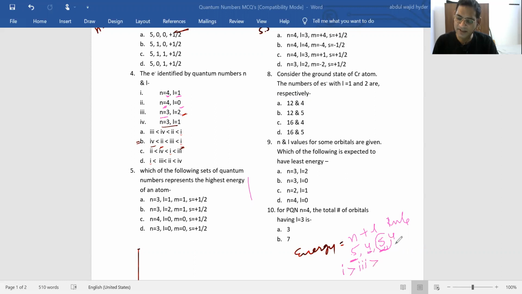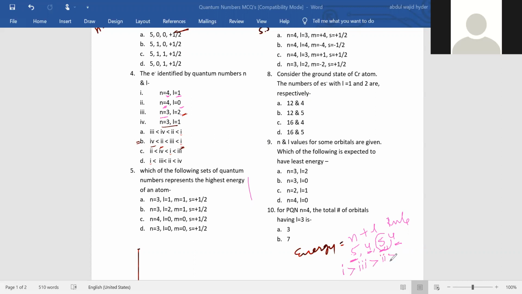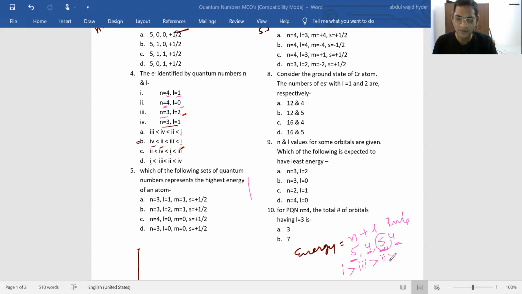Then these two are having the same n plus L value; which will be having the higher n value? The higher n value will be possessed by the second one. Then lesser than that is the fourth.